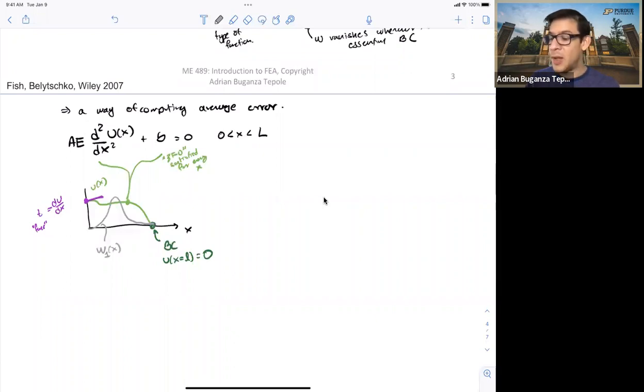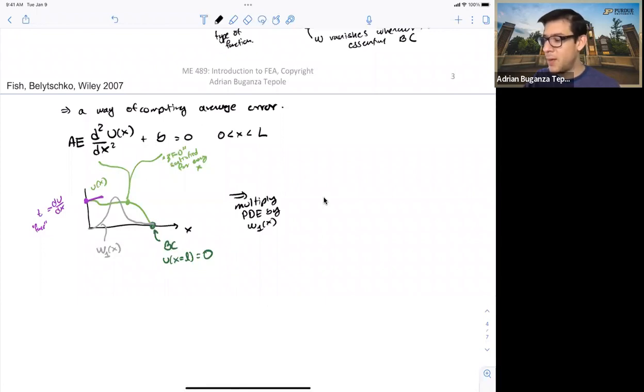So if I multiply this W function by this U function, well, not U, but multiply the PDE by W1.